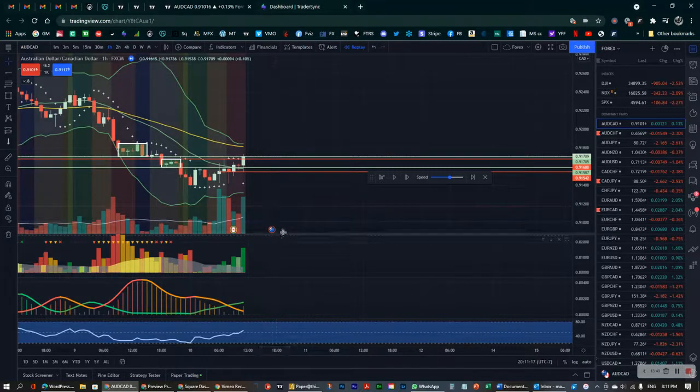Oh, by the way, this is another reason I got out. I'm seeing all this bullish action. These crossed, RSI is going up, and then we have an announcement on the Aussie. I don't want to be in a trade when a red announcement's coming up.